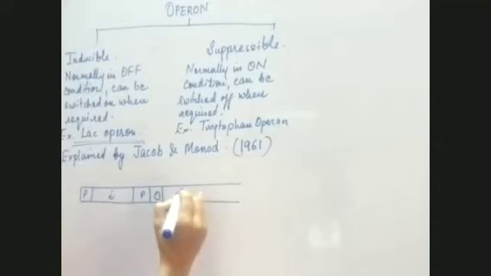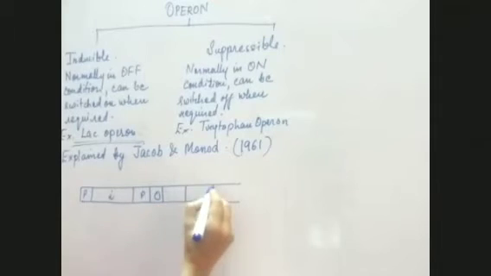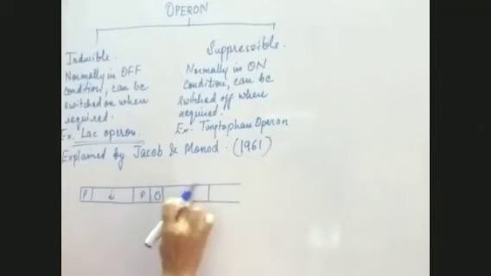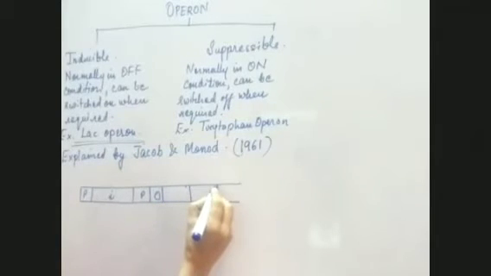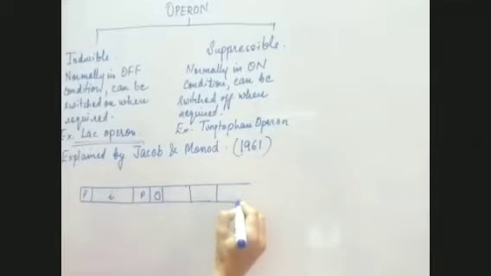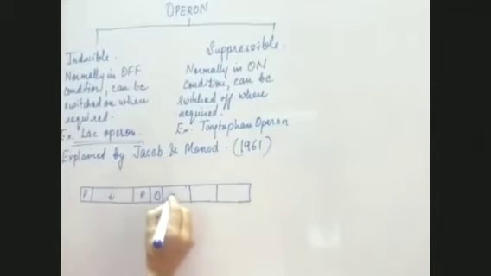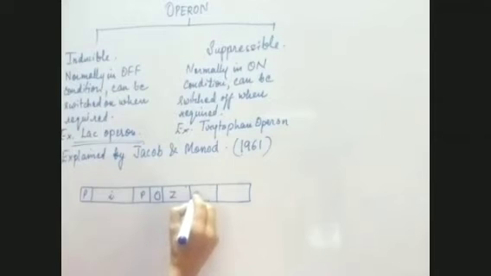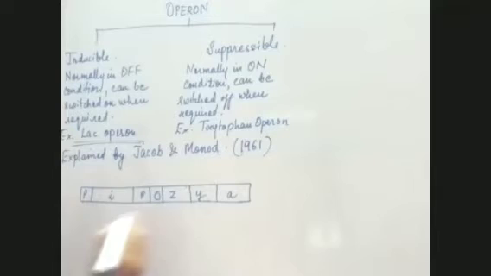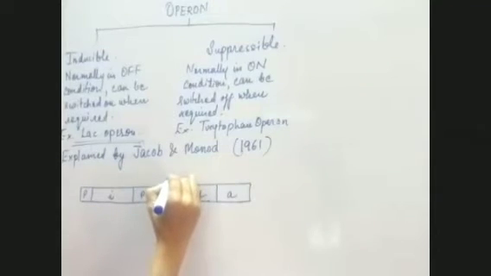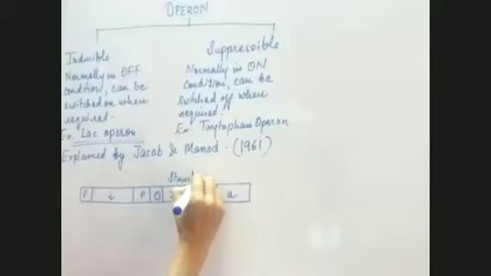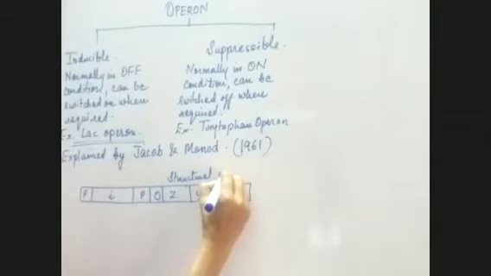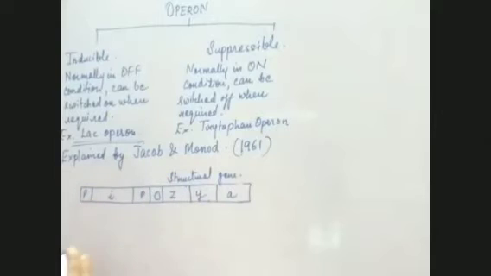And here we have the structural genes Z, Y, and A. These are the three structural genes.